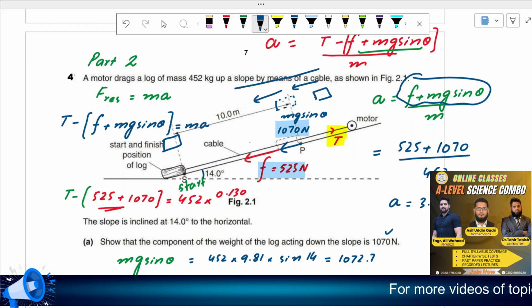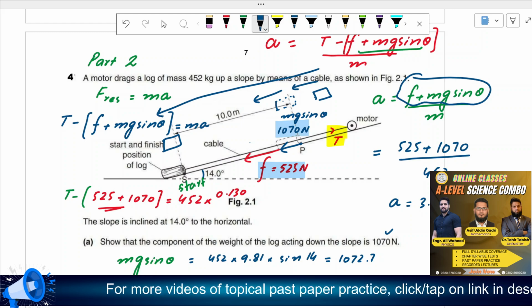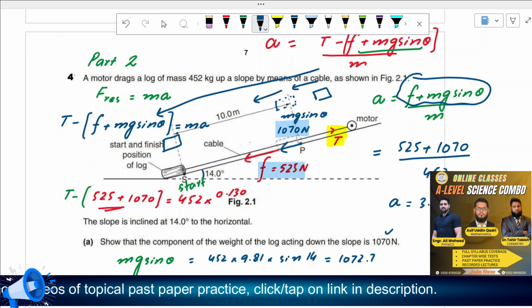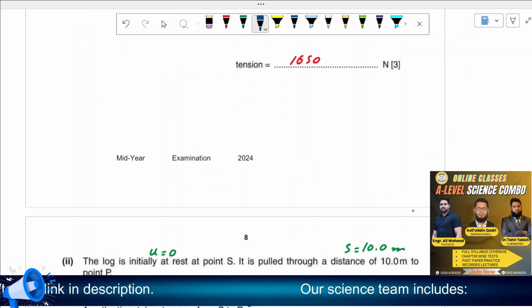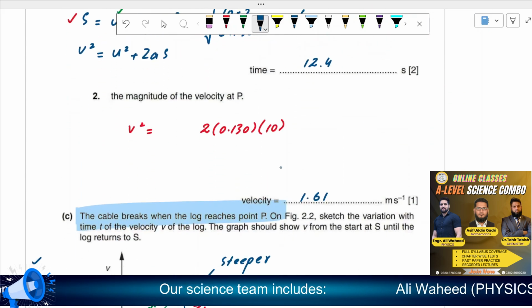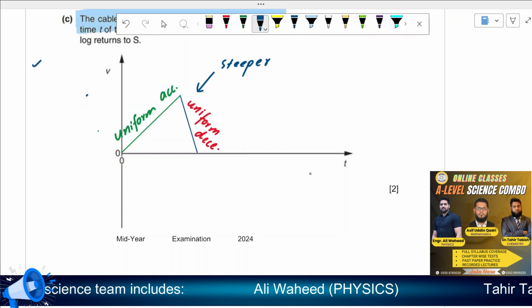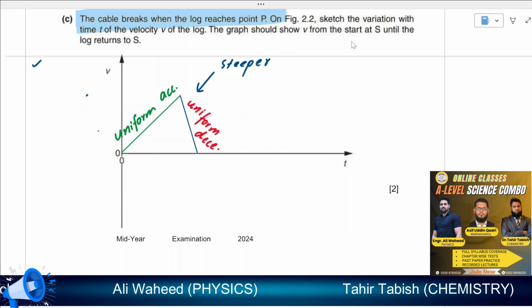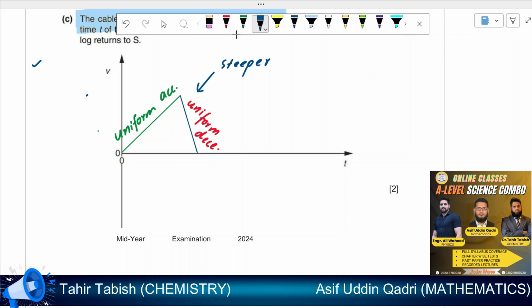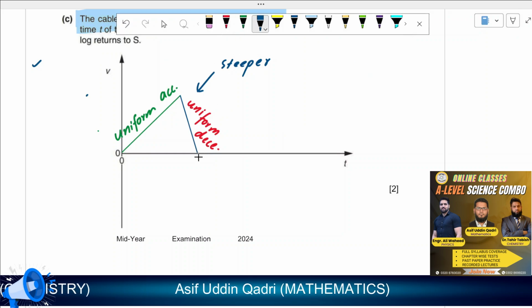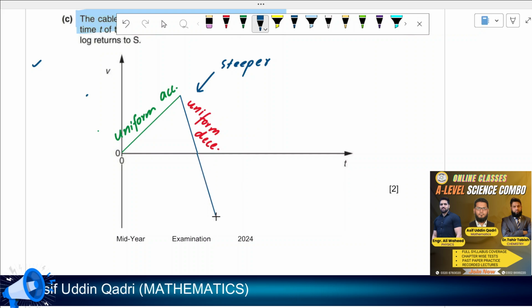Now it has to cover a distance of more than 10 meters. So its speed would be greater than the previous velocity, 1.61, but in the opposite direction. But the acceleration would be the same. The acceleration would still be 3.5 something, whatever it was.